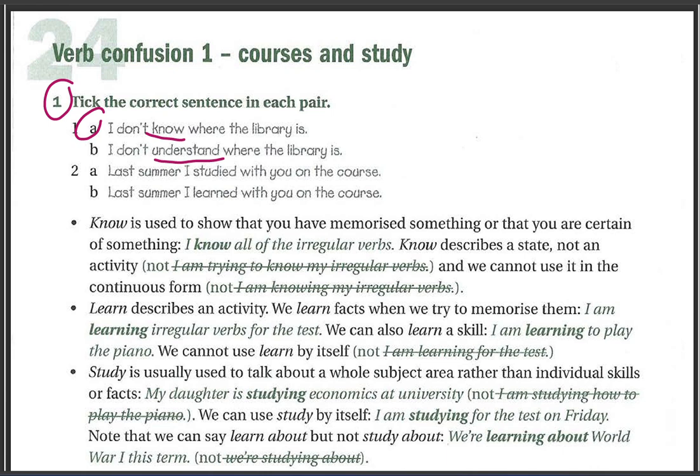Number 2. Last summer, I studied with you on the course. Last summer, I learned with you on the course. We use studied in these cases. So this is about know, understand, study, learn, the differences between verbs and how to make sure we use them correctly in our writing and also speaking.